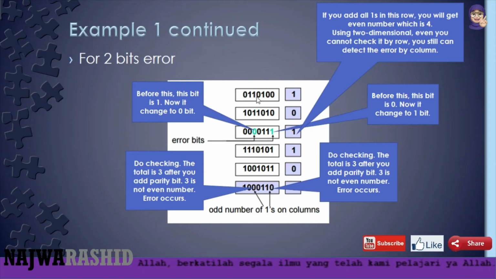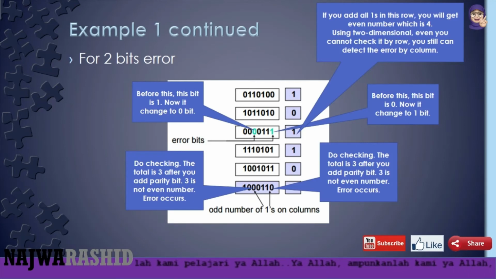Do checking again. 1 plus 1 plus 0 equal to 2. 2 plus 1 equal to 3. 3 plus 0 is not an even number. So there is an error here. So now, using the two-dimensional parity check, you are able to detect up to 2-bit errors using the column as well as the row.